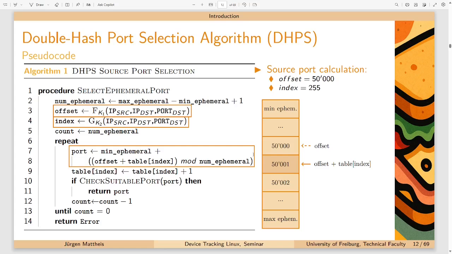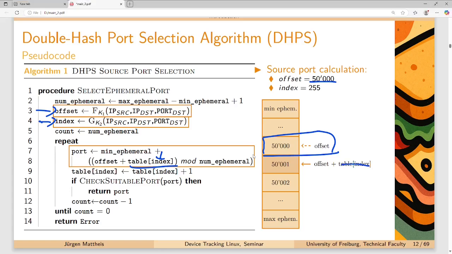And here's the algorithm itself, the pseudocode. First, we calculate the offset with the first hash function, then we calculate the index with the second hash function, and then we use this index to look up in the perturbation table. The first one gives us an offset that might be, for example, 50,000, and then we add to it the value of the table cell at this index.